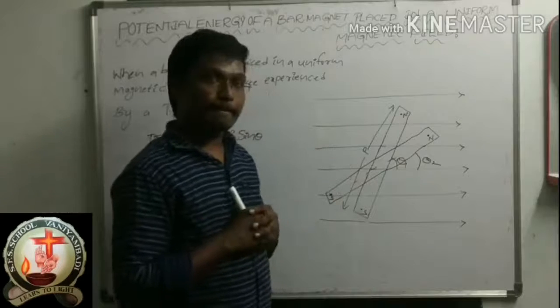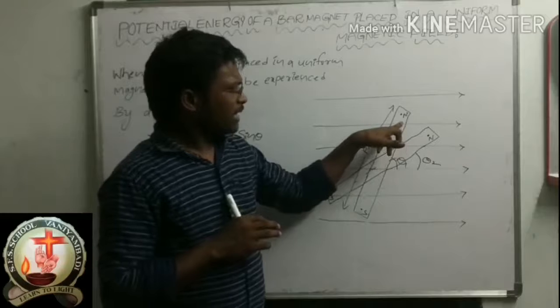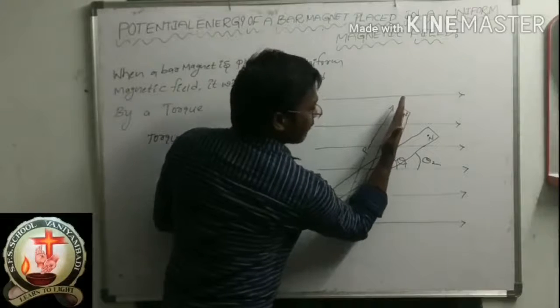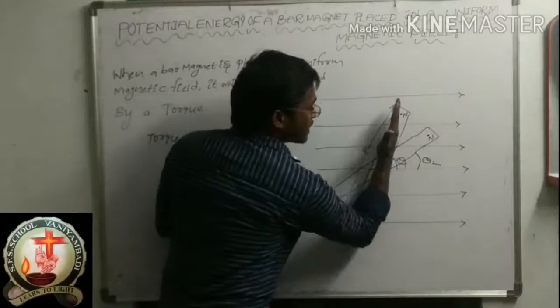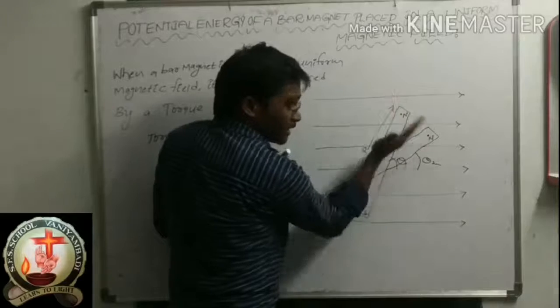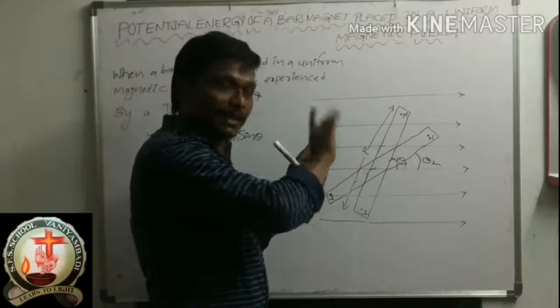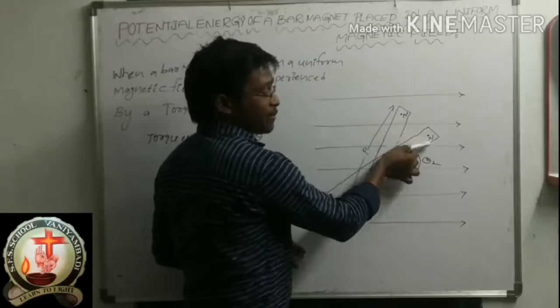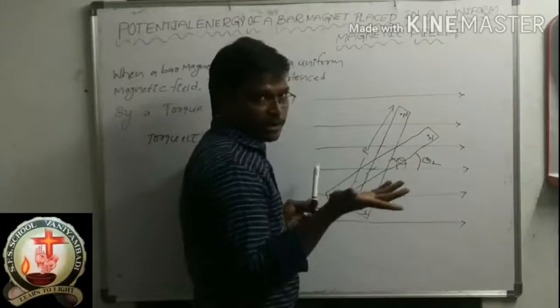Now here, initially the magnet is like this, and after experiencing the torque, it is rotating like this. That means it is moving, it is displacing from here to here. It is displaced this much. That is nothing but a displacement, right?